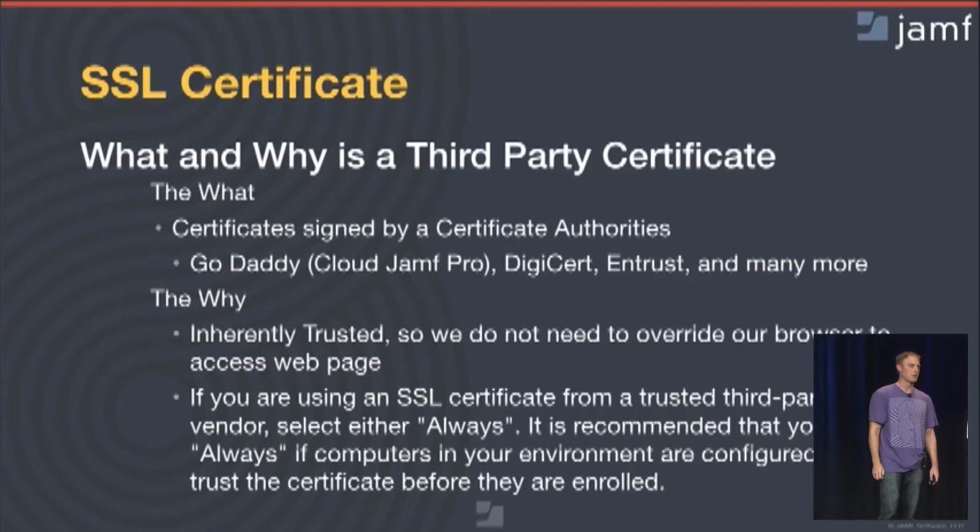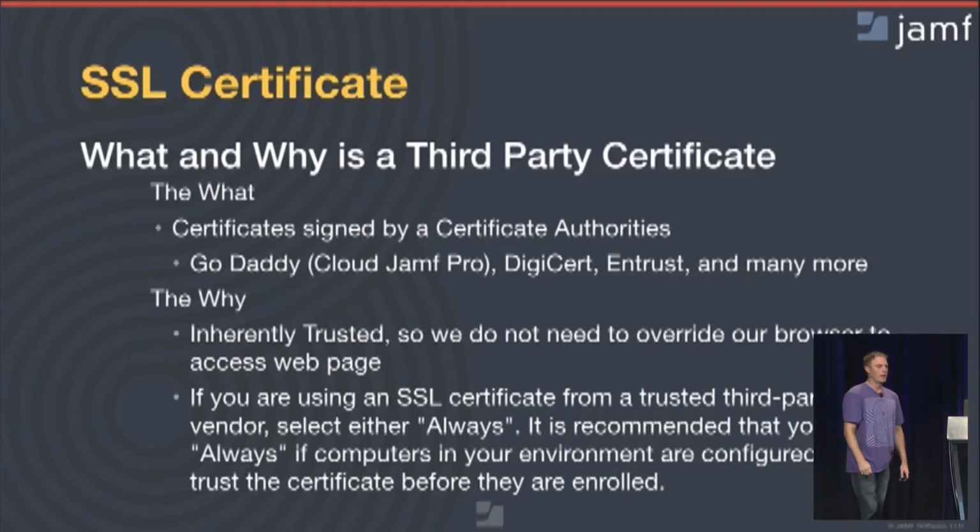Why is this probably a good certificate to utilize? They're inherently trusted on devices, so you wouldn't have to install our root CA certificate, which is installed during enrollment, on devices. And for security reasons, you can then set the security setting for Mac OS to always trust our connection between the device and the JSS.